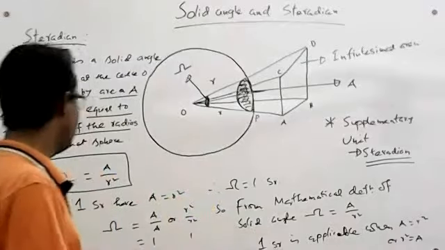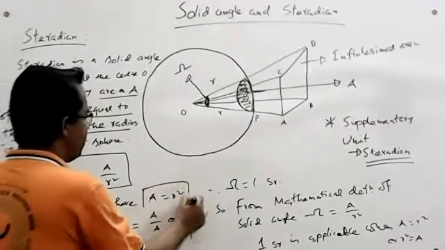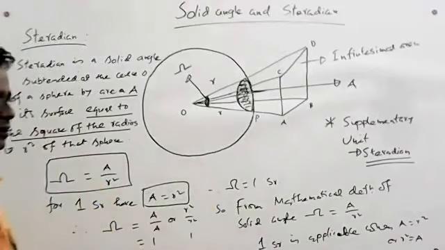For one steradian, here A and r square will be the same. This is the important condition for one steradian.